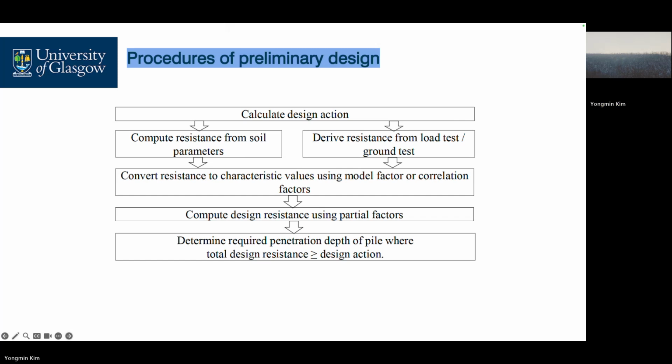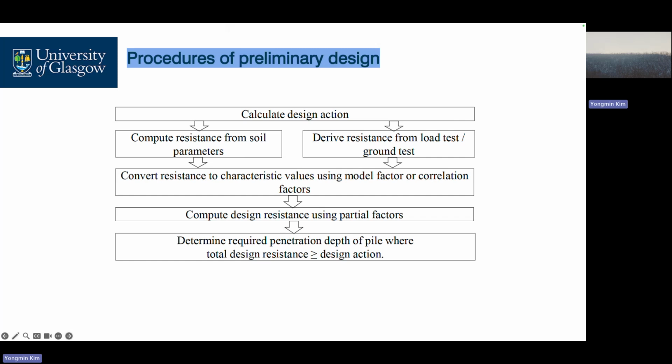Resistance characteristic values are divided by certain partial factors, and then design resistance is divided by another factor. Then finally, we will get design resistance.